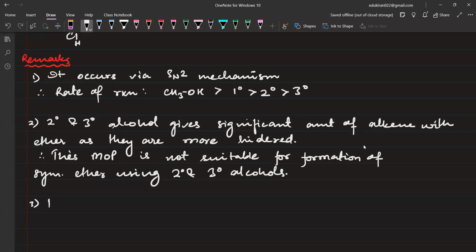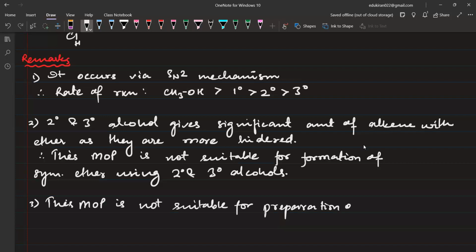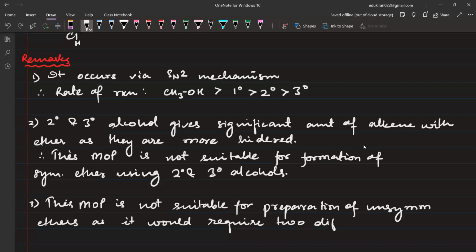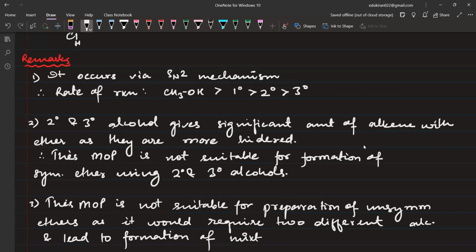The third point: this method of preparation is not suitable for preparation of unsymmetrical ethers, as it would require 2 different alcohols and lead to formation of a mixture of ethers. Mixture of ethers difficult to separate.